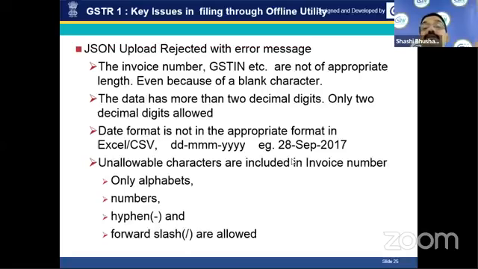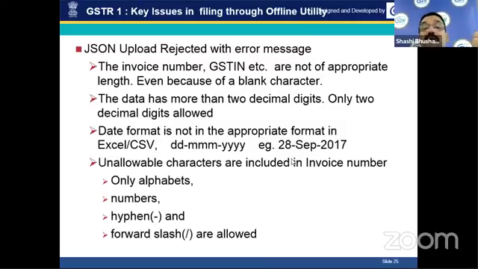Similarly, the JSON gets rejected where people have entered more than 2 decimal digits in the Excel, and it somehow gets imported in the offline tool. When they prepare the JSON and upload it, because all the values are not in 2 decimal digits, the system rejects it.